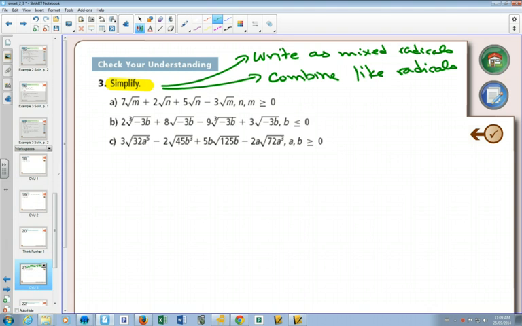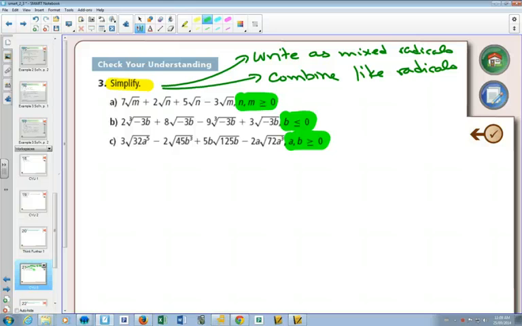Now, in previous questions, in the example 2, they said, where is it defined? And we had to take extra time to say that it only works if r was greater than 0 and so on and so forth. This one doesn't ask where it's defined and actually gives you where it's defined. So if we go to our highlighter, change colors, ooh, green. This part of the question in each of them is telling you where it's defined.